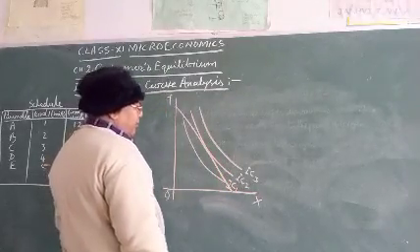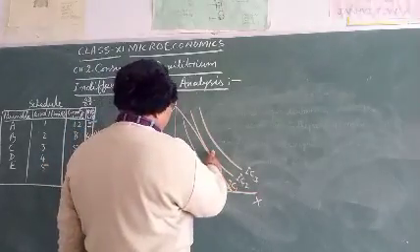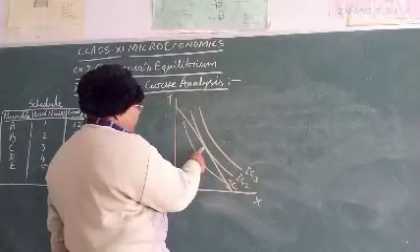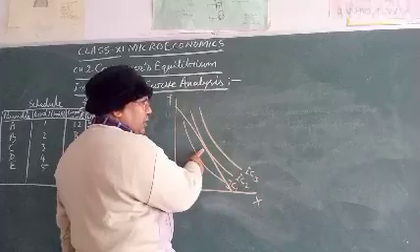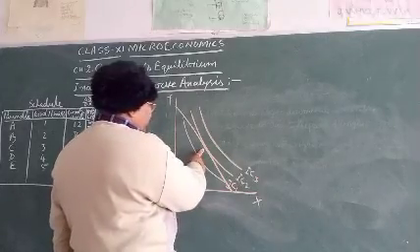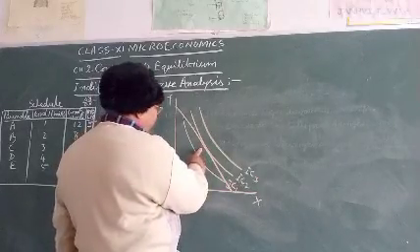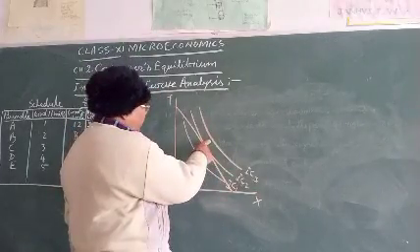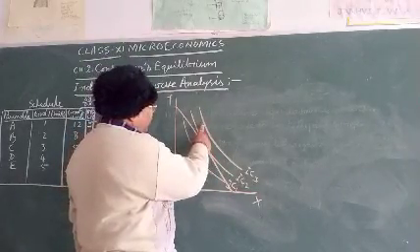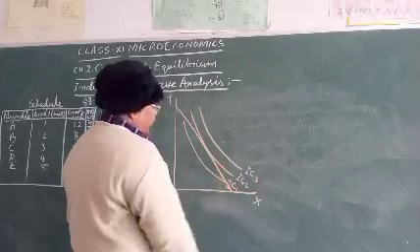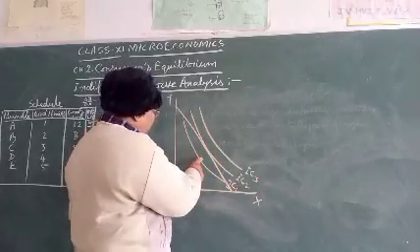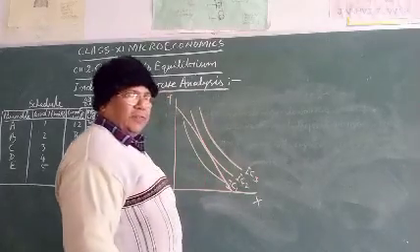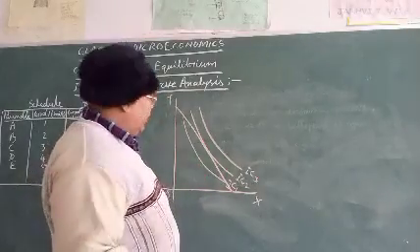He will not arrive at IC3 because the price situation of the two goods and his given income, his budget, does not permit him to achieve IC3, and he will not come to IC1 because it will give less satisfaction to the consumer.